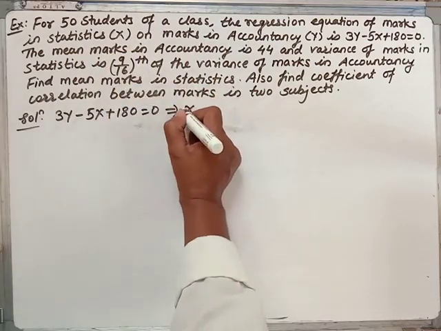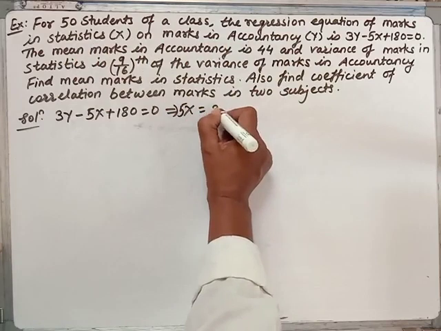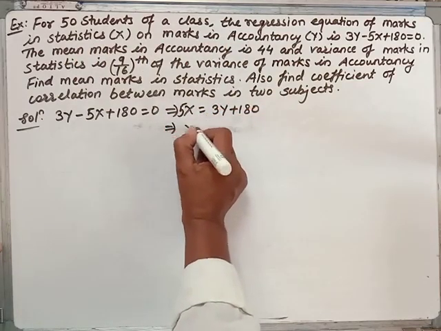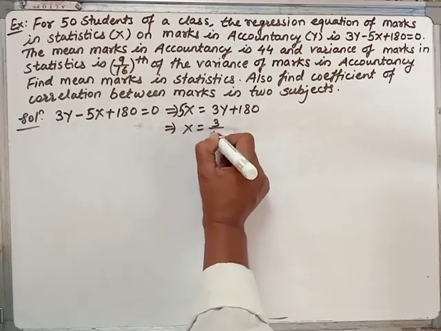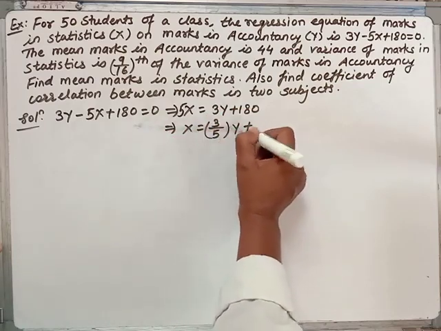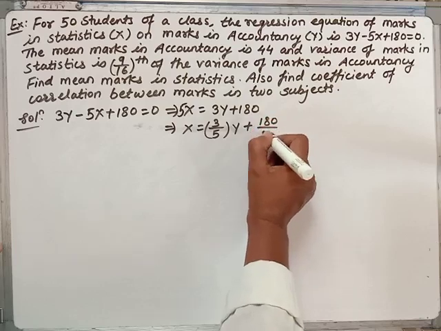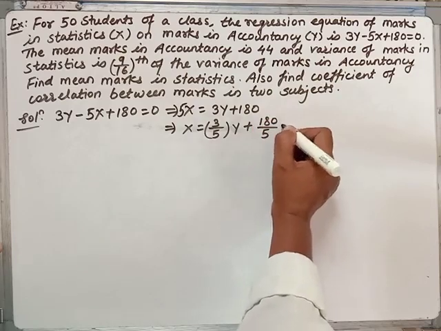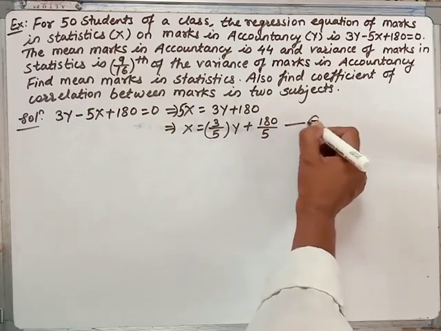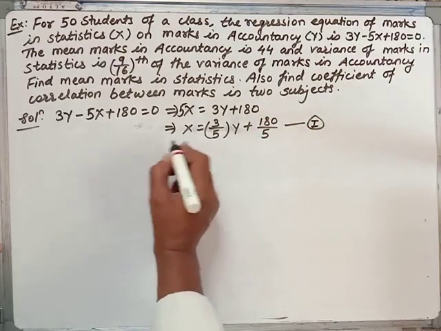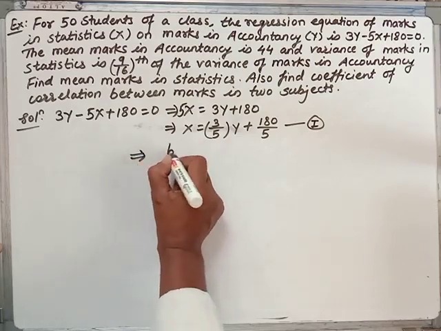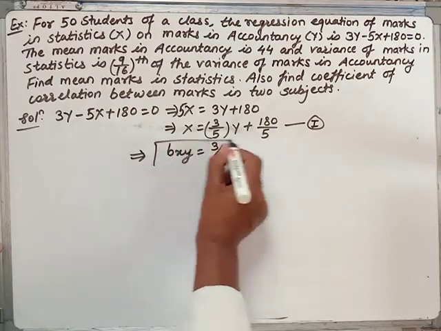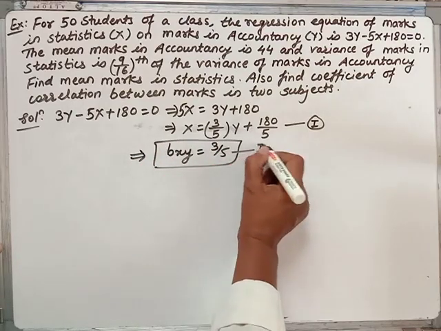So 5x equals 3y plus 180, that is x equals 3 by 5 times y plus 180 by 5. Call it equation number 1, and that gives us bxy, 3 by 5, the slope of this line. Call it equation number 2.